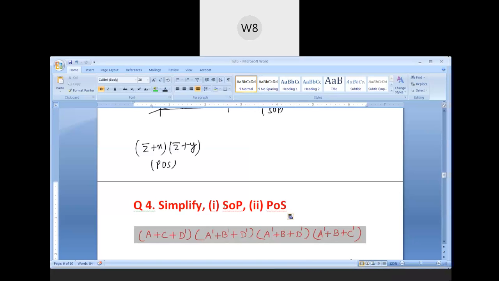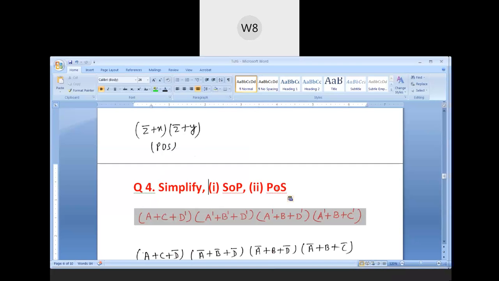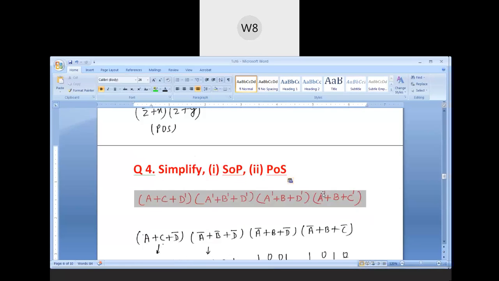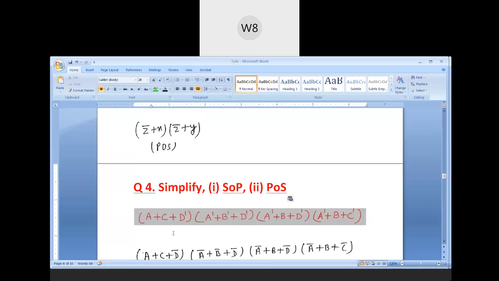Since the function is already given as product of sum form, it will be easier to first find the POS form, and then we will go to SOP form. In product of sum form, the function is 0 for certain inputs.